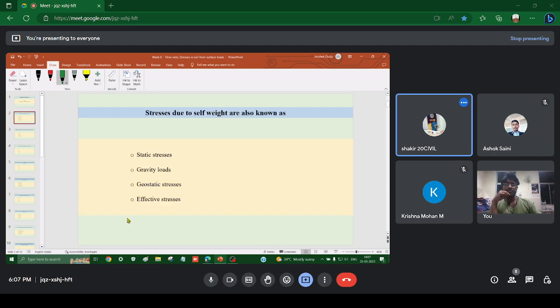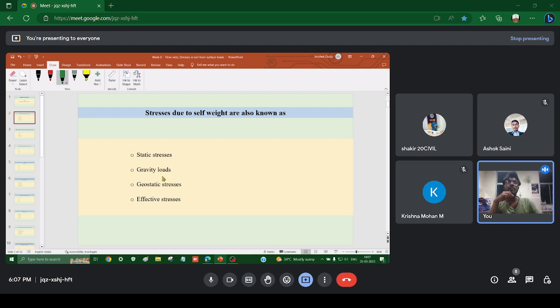Stresses due to self weight are also known as what? Geostatic stresses. Gravity loads are a general term for loads which act due to gravity, but it is not specifically self weight.